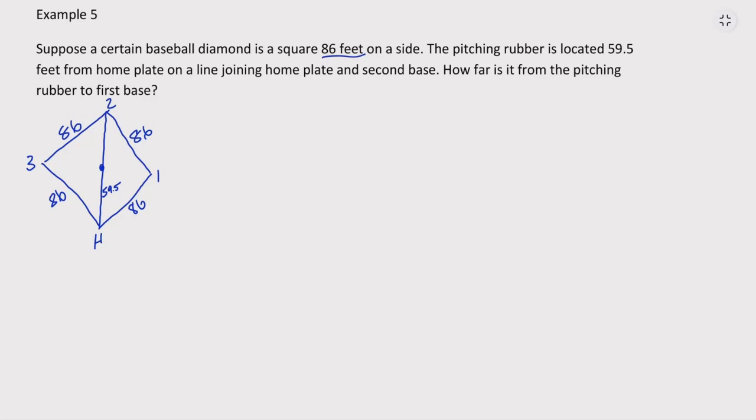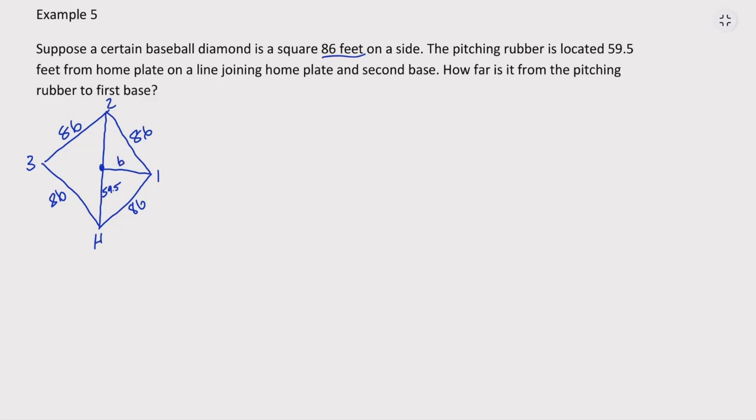And the pitching rubber is located 59.5 feet from home plate on a line joining the home plate and second base. How far is it from the pitching rubber to first base? So to there. And we'll call this B.